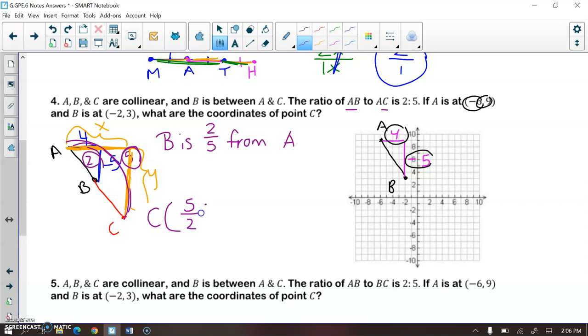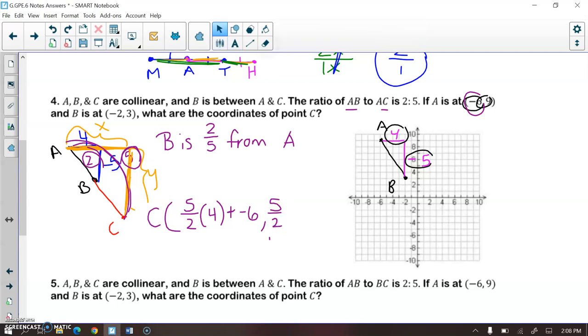So C is 5/2 times your run, which is 4, and then we add it to the X value of point A, which is -6. And then we take the 5/2 and we multiply it by our rise, which I just realized I counted wrong. It's -6.